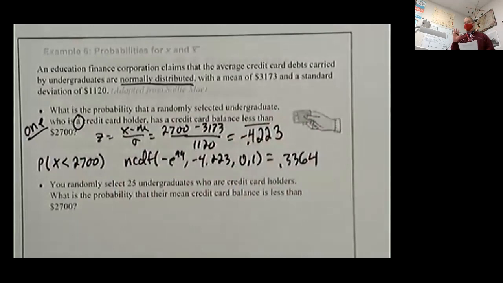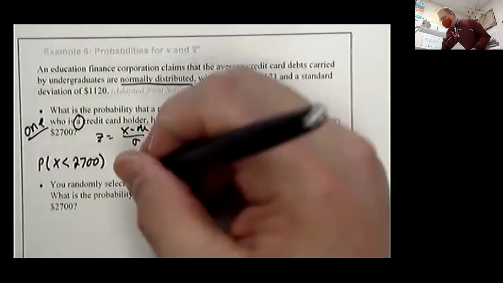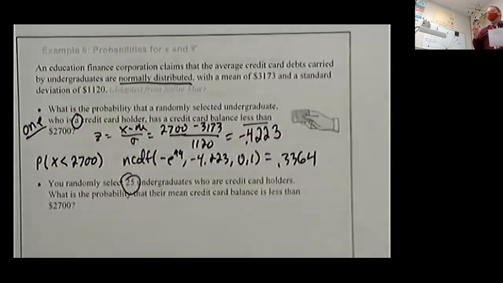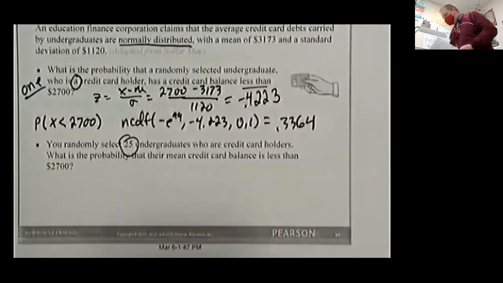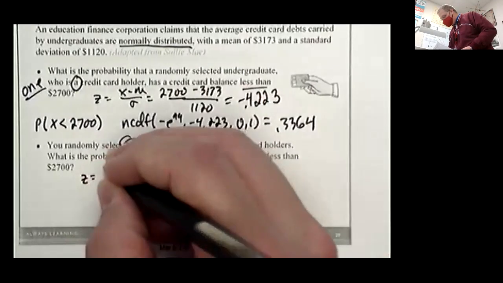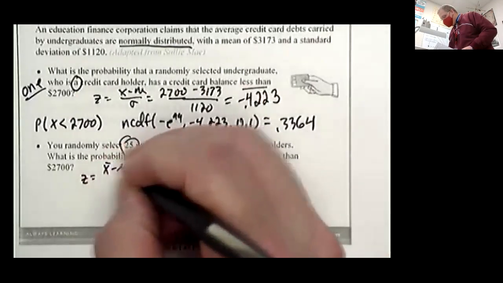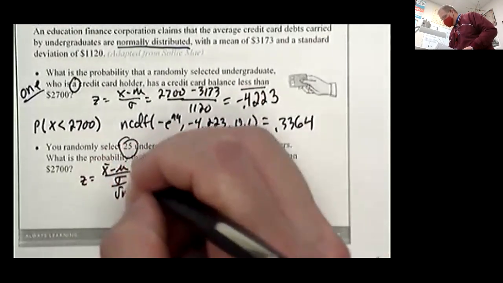Now we're going to take the same parameters, but now we're going to select 25 people. So now we've switched from a regular normal distribution to a sampling distribution because we're picking more than one person. First off, can we do the problem? We can because we know it's normally distributed. So now we have to change our Z-score because we're doing a sampling distribution: X bar minus mu over sigma divided by the square root of n.